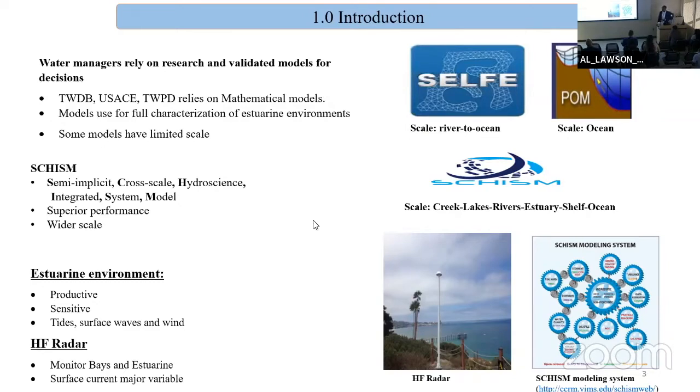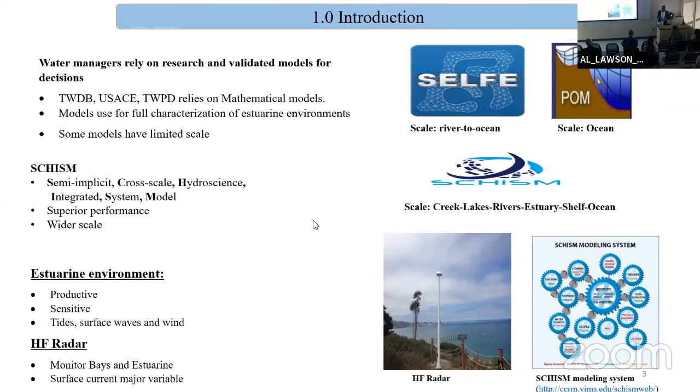Why does the estuarine environment matter, someone might ask. They are the most productive ecosystems, and very sensitive to different forcing. Any change in the environment of the estuary will easily reflect on the structure.